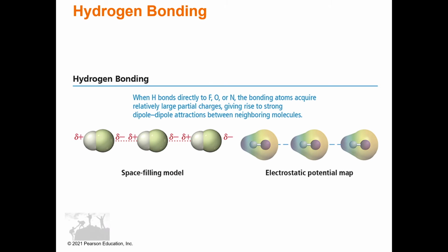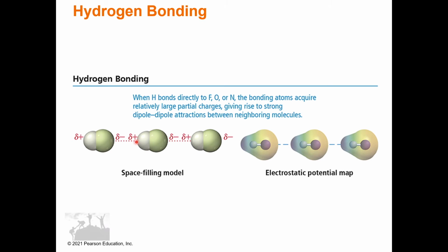Here are two depictions of hydrogen bonding. This white ball here is hydrogen. This lime green ball can be either fluorine, oxygen, or nitrogen. Because these three are very electronegative, they will form the negative portion of the molecule while hydrogen is the positive.